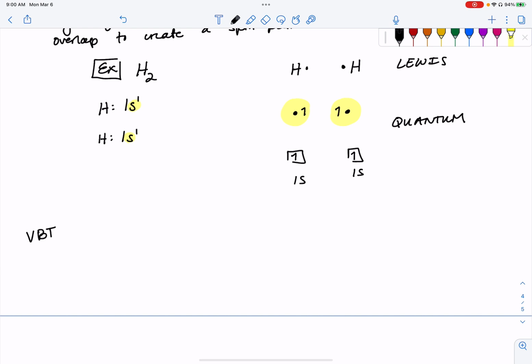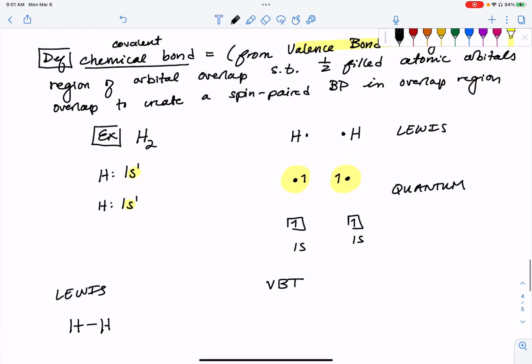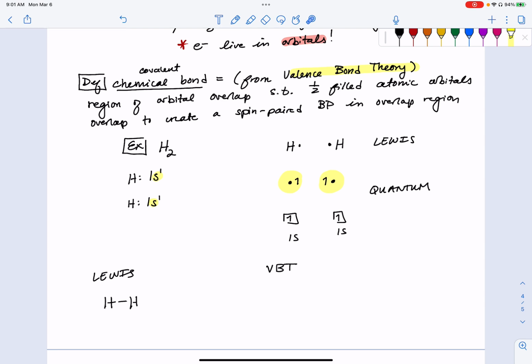So then in valence bond theory, VBT, the molecule H2, well, let's do Lewis first. In Lewis, H2 would look like this, but in valence bond theory, what we see instead is an orbital overlap such that half-filled atomic orbitals overlap to create a spin-paired bonding pair in that overlapping region.